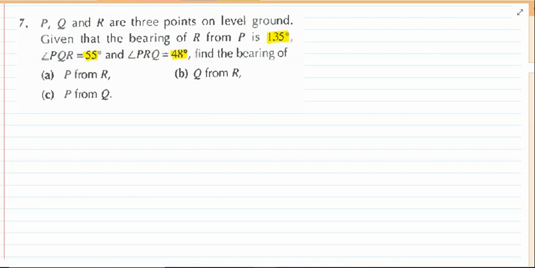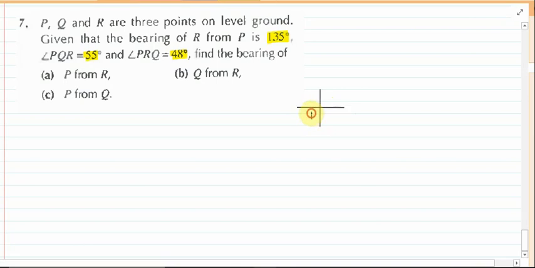So first thing, I am going to sketch the bearing of R from P. But before that, you need to stop the video and try it by yourself. R from P. So I need to make the scale at P because it says R from P, so we should take the north of P. Now this point is P, right?